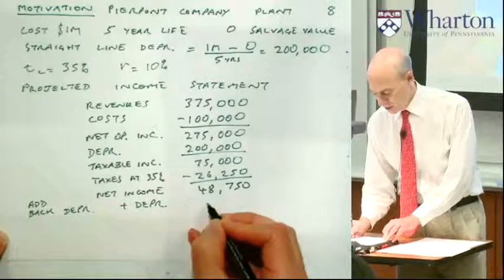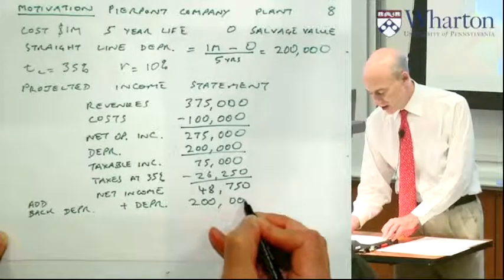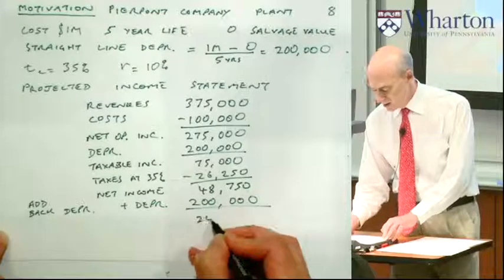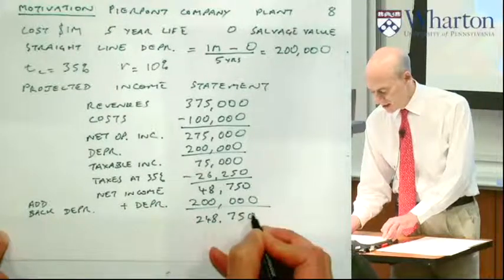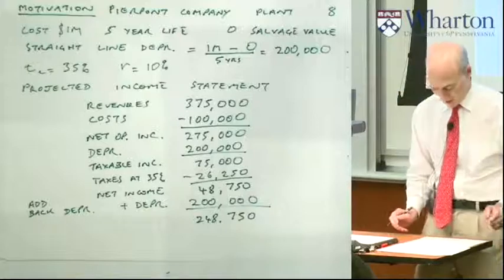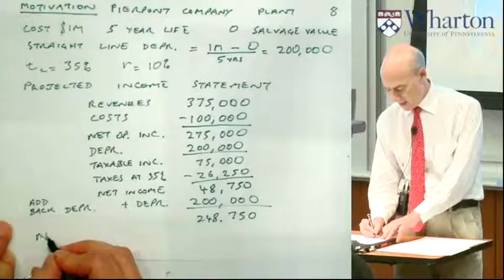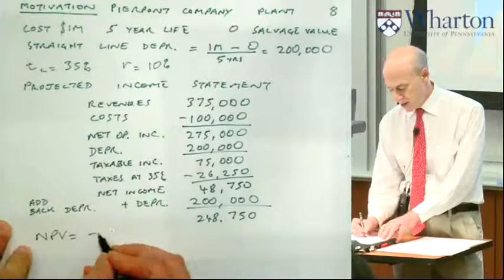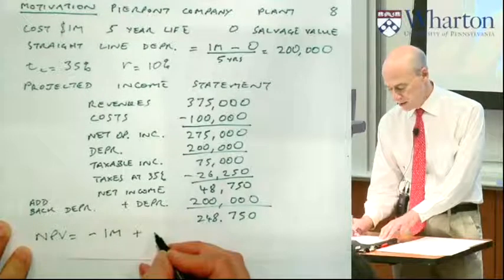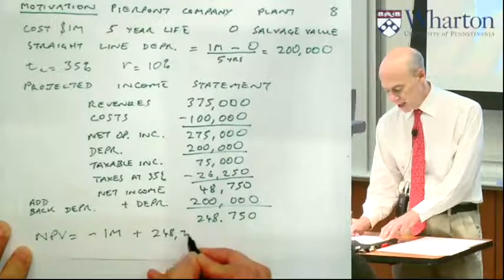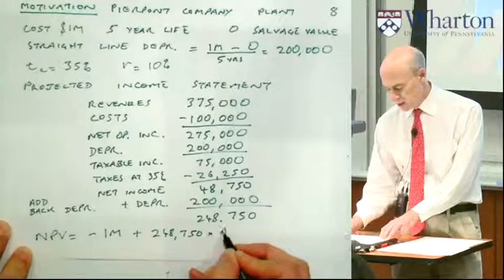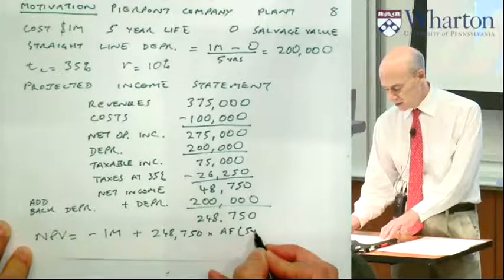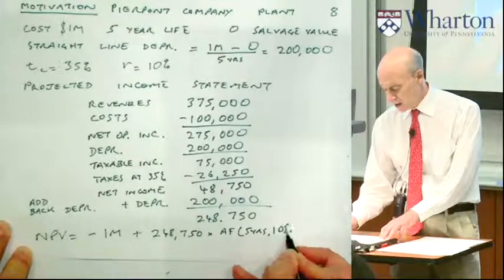Well, we're going to have a depreciation of 200,000. So we're going to get 248,750. So our NPV is going to be minus $1 million plus 248,750 times an annuity factor for 5 years at 10%.